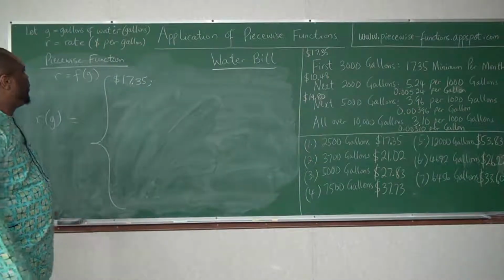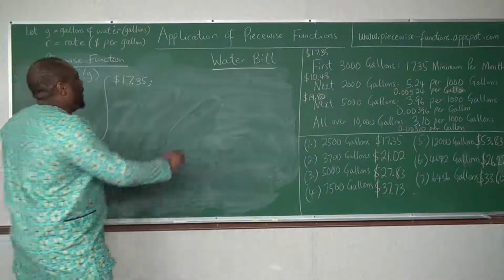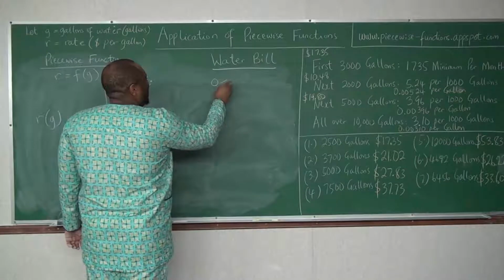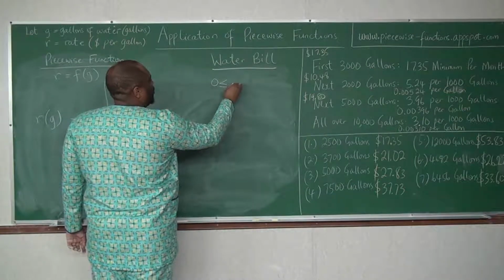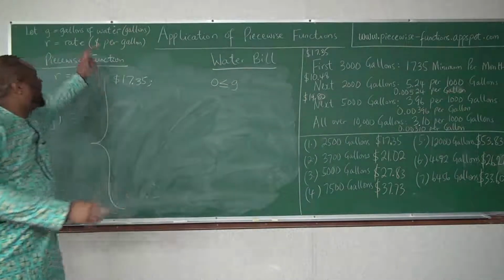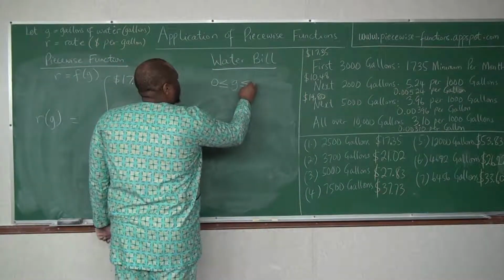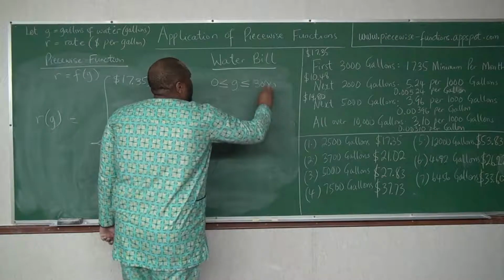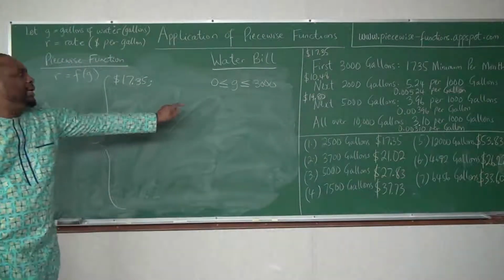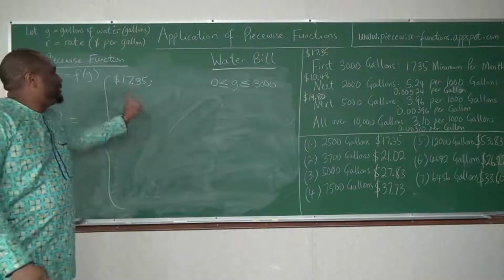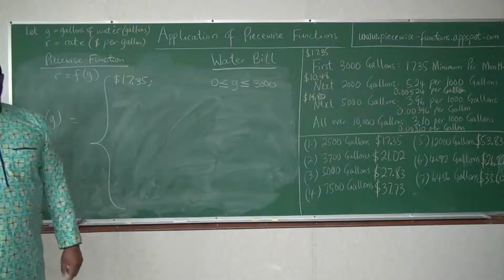So I'm just going to write it with a semicolon, and I'll write 0 less than or equal to G, where G is the gallons of water, then less than or equal to 3,000. So this tells you that for the first 3,000 gallons, you pay that amount.